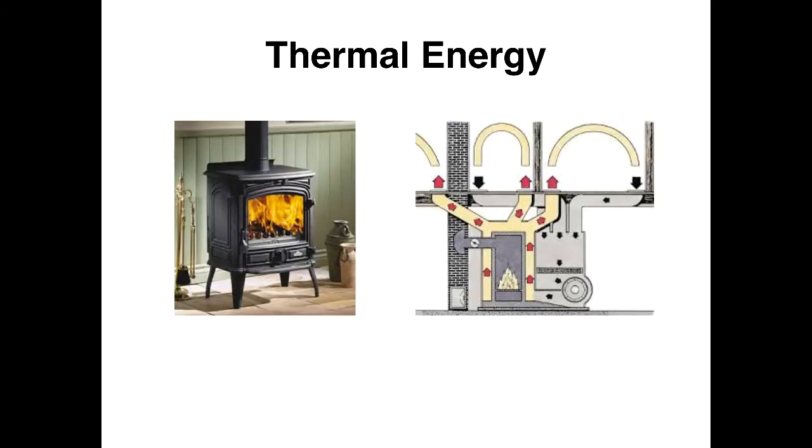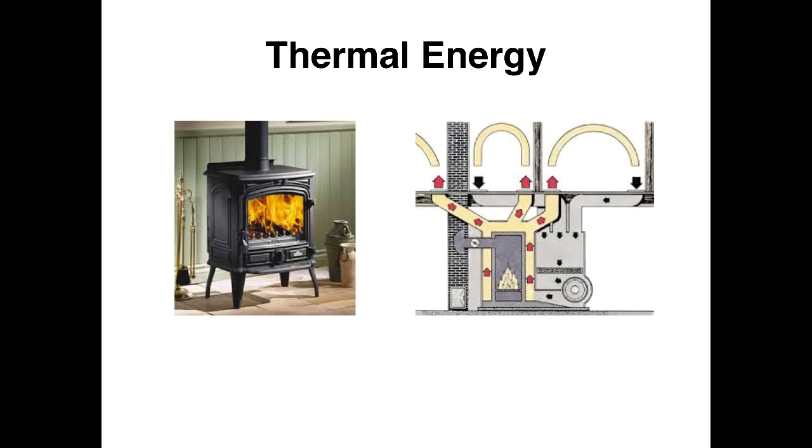Now, here is a situation where we use primarily convection to transfer heat energy throughout a house. On the left here, you have an oven or a heater or a stove where you're burning gas or wood, and this heats air that surrounds the stove, and this heated air then moves up by natural convection into the upper part of the house.